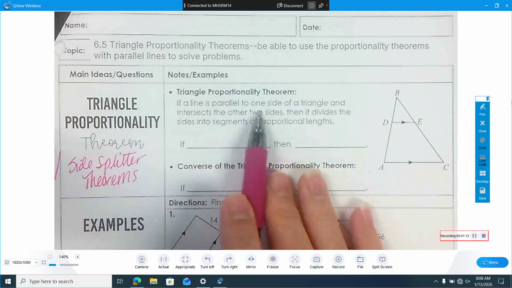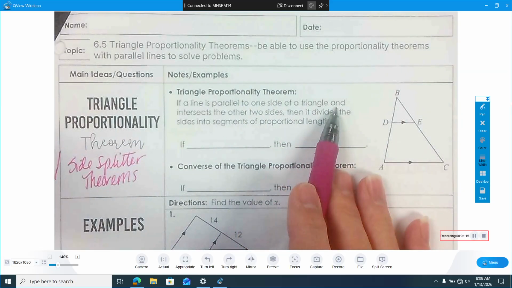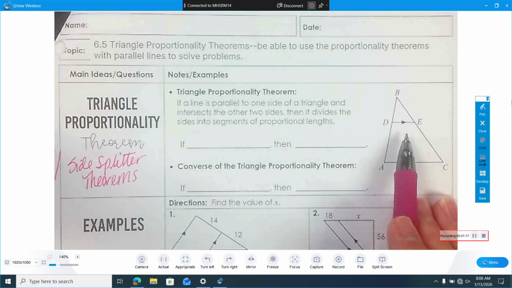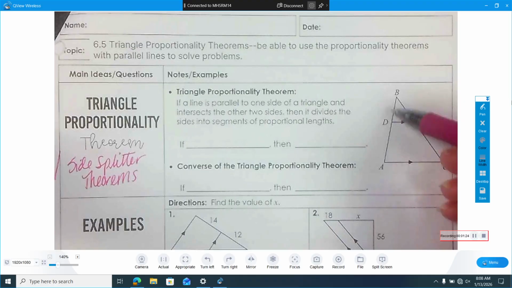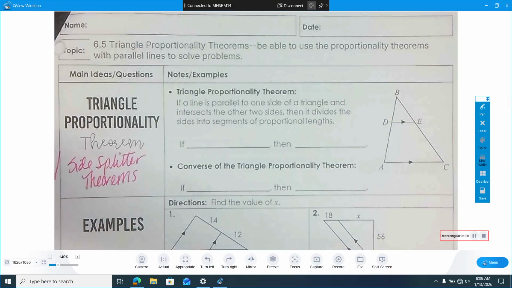So if a line is parallel to one side of a triangle and intersects the other two sides, then it divides the sides into segments of proportional lengths.